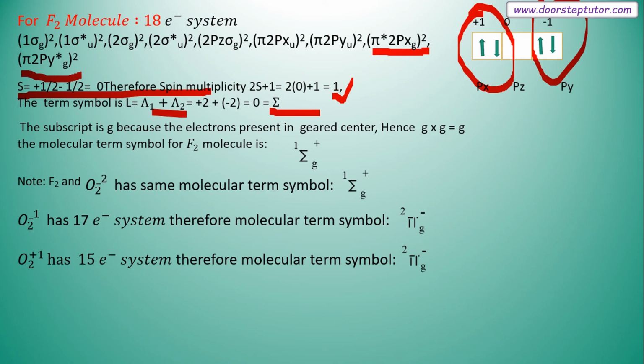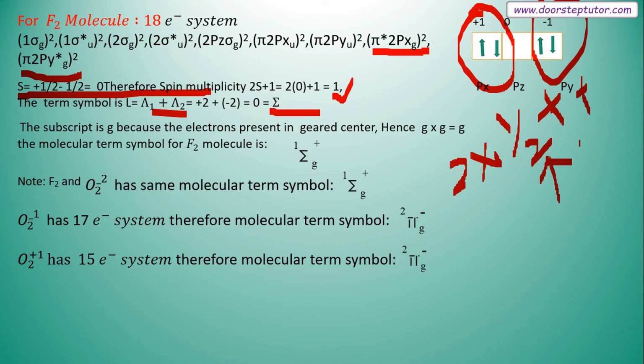If one electron is present, then the spin is half. So 2 times half plus 1, the half gets cancelled, therefore it is equal to 2 only. So the spin multiplicity is 2 for both these cases, student, right?